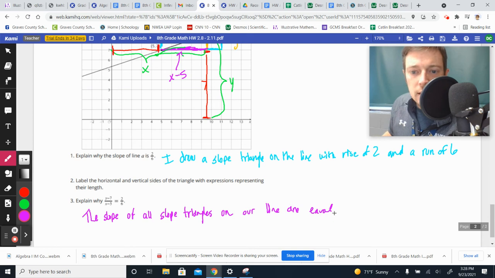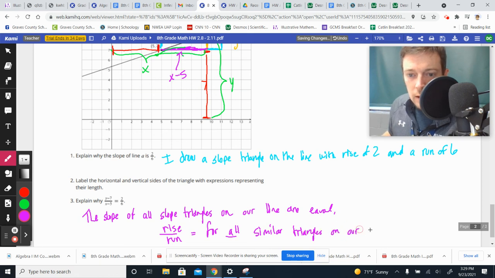You could even say something like the slope of the original triangle to the slope of our new slope triangle are equal. You could even say rise over run is equivalent for all similar triangles, is equal for all similar triangles on our line.